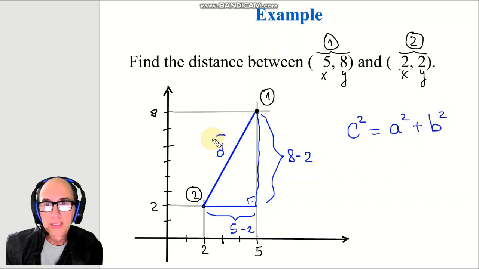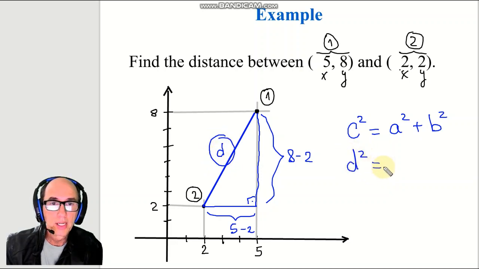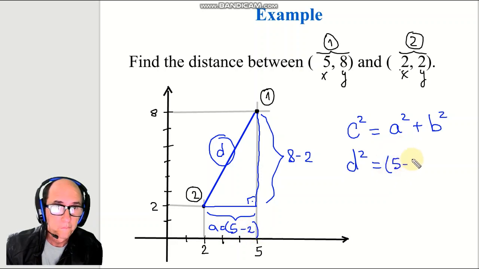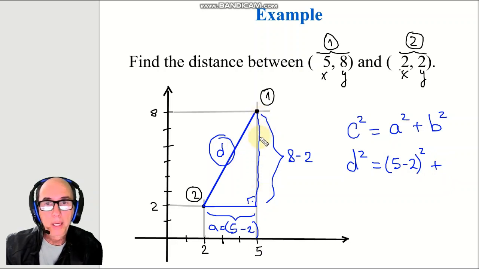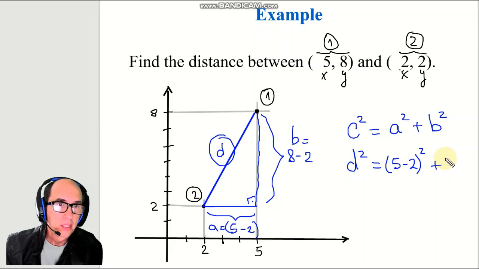Let's call, instead of C, we will call distance. Distance squared equals A squared plus B squared. Let's say A is this value here, 5 minus 2, and B, let's say this is B, B is 8 minus 2.